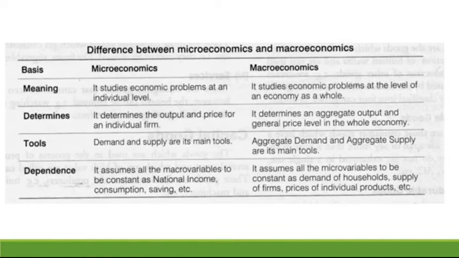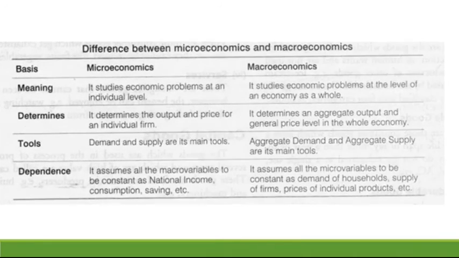In macroeconomics, it assumes that all the micro variables are constant, as demand of household, supply of firms, prices of individual products, etc. Whereas in microeconomics, it assumes all the macro variables to be constant, as national income, consumption, saving, etc. So guys, this was all about the differentiation between microeconomics and macroeconomics. Make sure that if a question is asked on the basis of difference, you need to write the basis and explain it in a very clear form as I have mentioned in the slide.